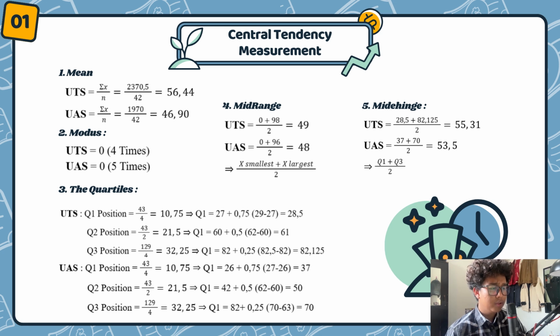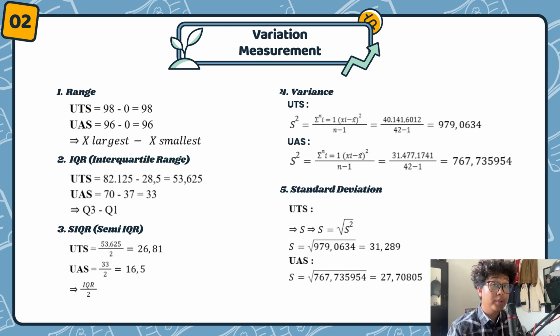And after that, we're going to continue to variation measurement. This measurement will then be used to calculate the box plot, which will be explained by my friend. But for now, let's just check out what we have here.